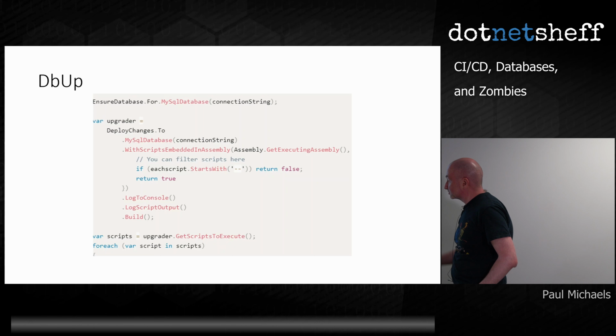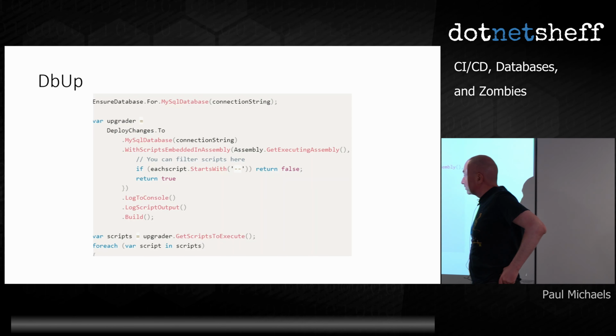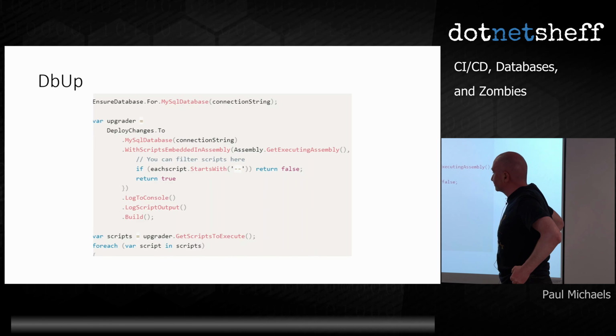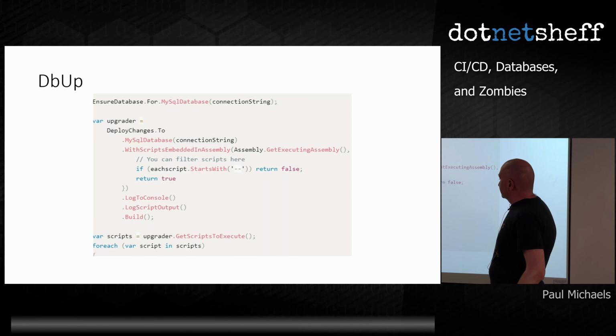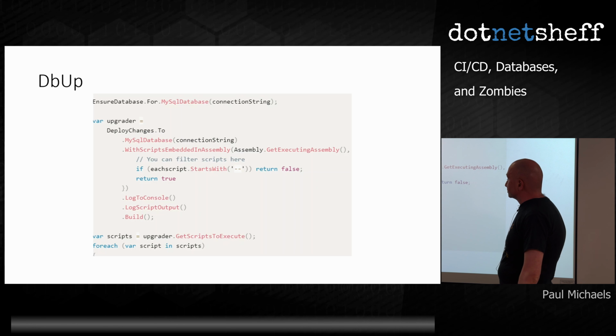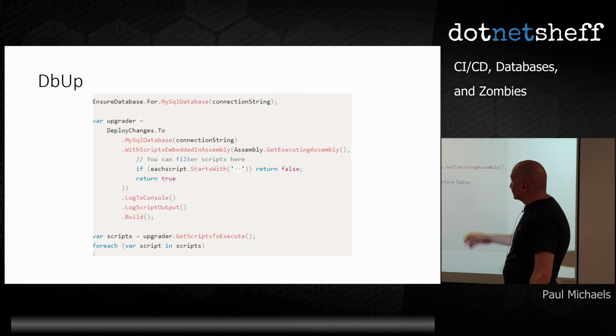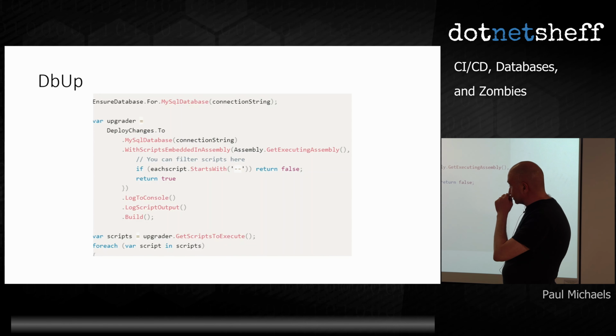Okay, DBUp, this was the tool I was talking about, a really lightweight script sort of idea, but there's dozens of slightly different versions of it knocking about on GitHub. Again, this is just a console app that runs the scripts, but you can change it yourself.